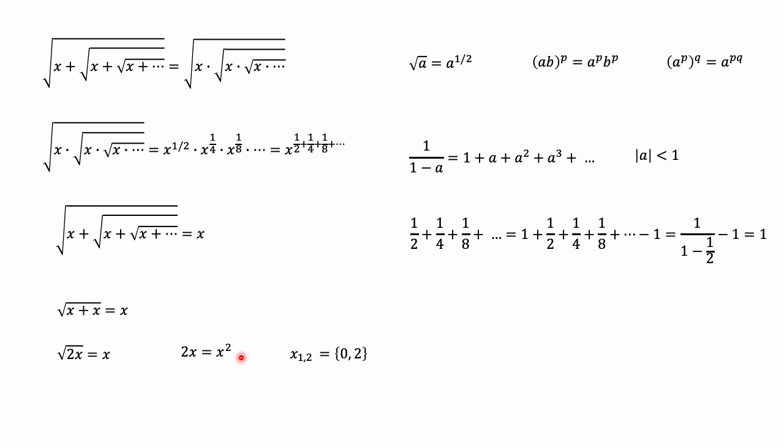So at the end of the day, when we found the solutions of this equation, we have to take these solutions and plug them back in this equation and see if they still work. And we can easily check and see, yes, they did work. So we found that our original equation has two solutions, 0 and 2. And that's it.